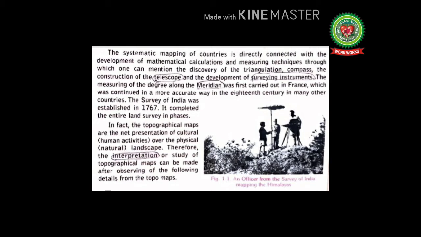The measuring of the degree along the meridians was first carried out in France, which was continued in a more accurate way in the 18th century in many other countries. The Survey of India was established in 1767. It completed the entire land survey in phases.